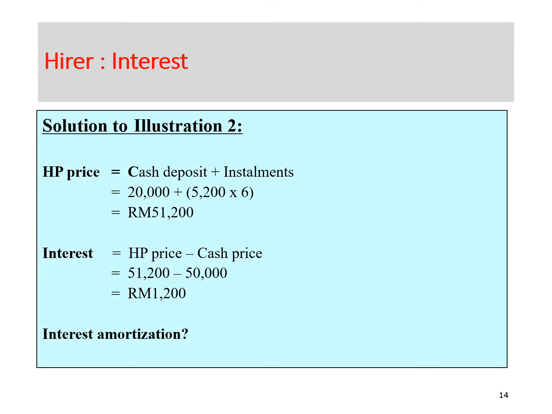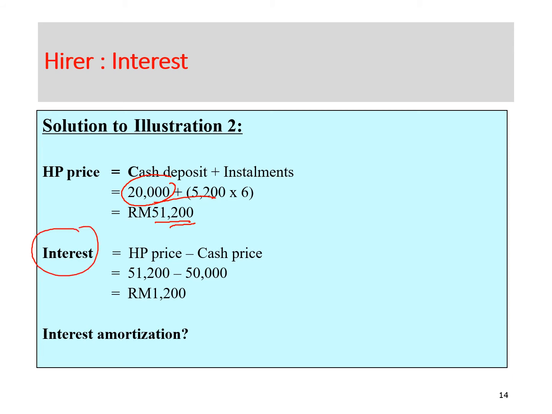So to compute the monthly interest using the sum of the years digit method, first we have to compute the HP price and also the total interest. The cash deposit as stated in the question is 20,000. The installment is 5,200 times 6. If you add these two together, the HP price is 51,200.